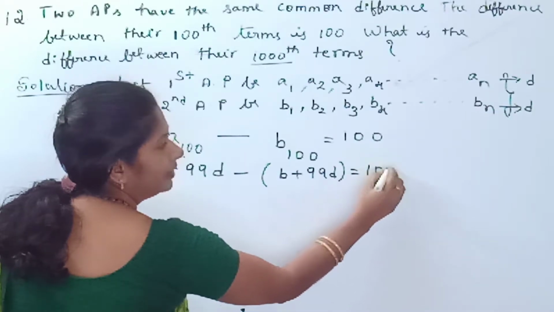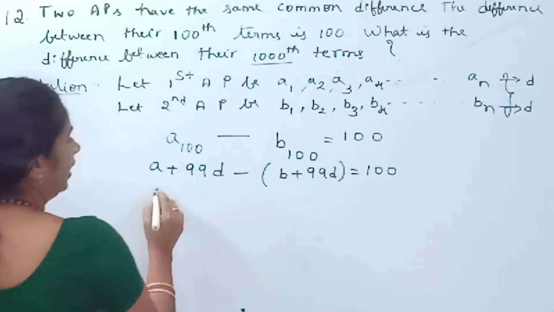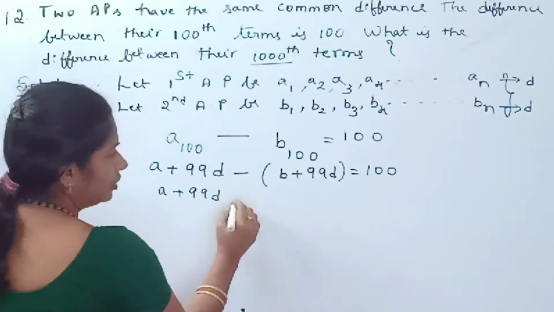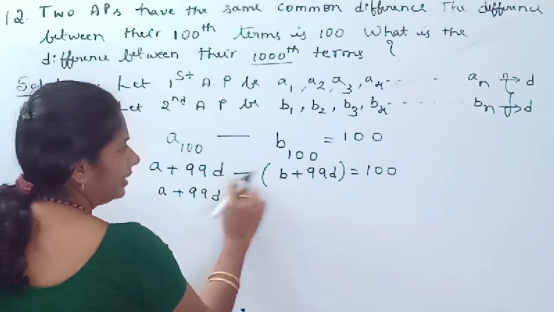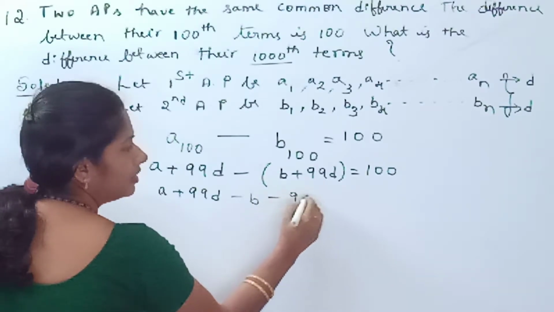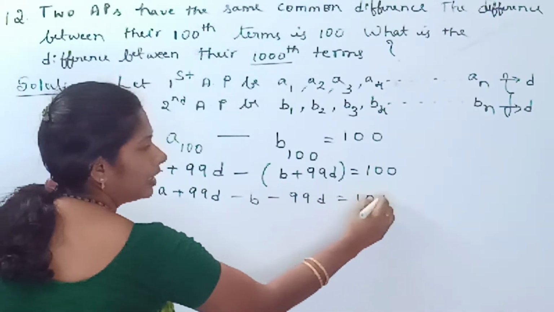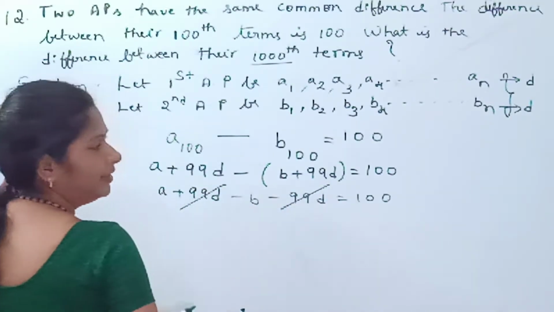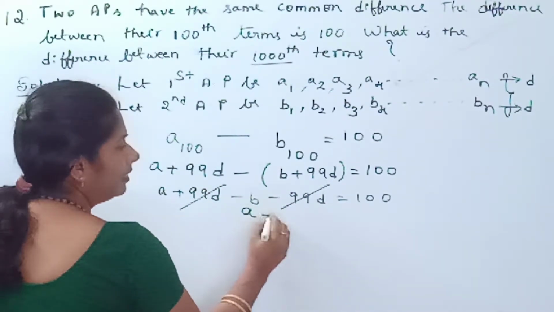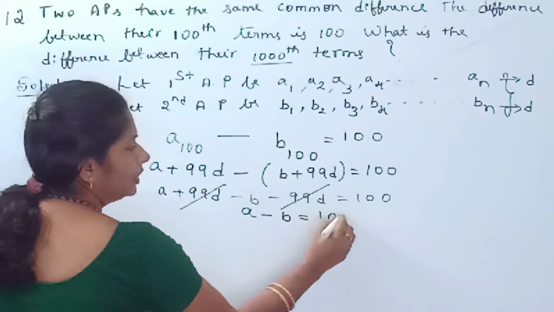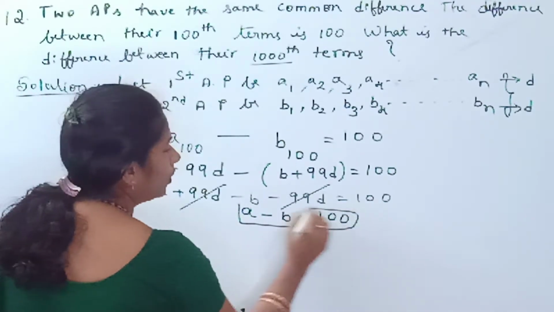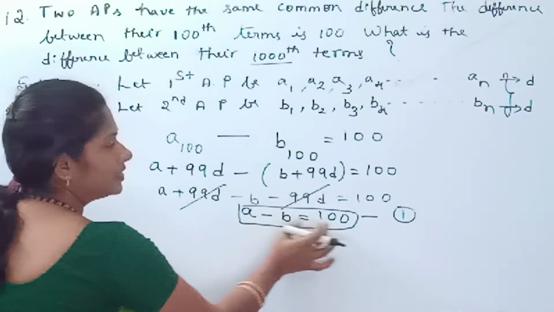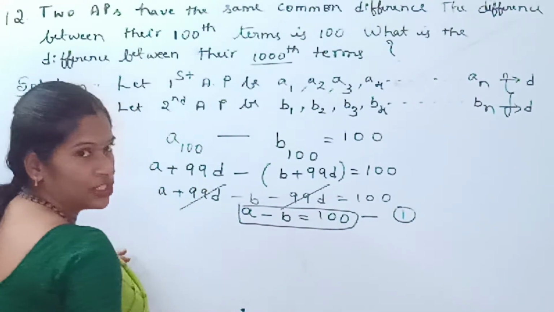A plus 99D, remove the bracket, children, minus B, minus of plus, minus 99D equal to 100. Plus 99D, minus 99D get cancelled. What is remained? A minus B equal to 100, and you call that equation 1.